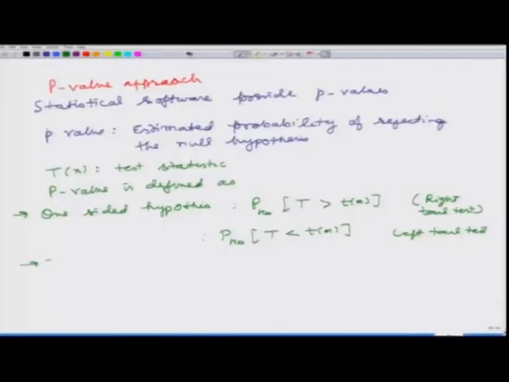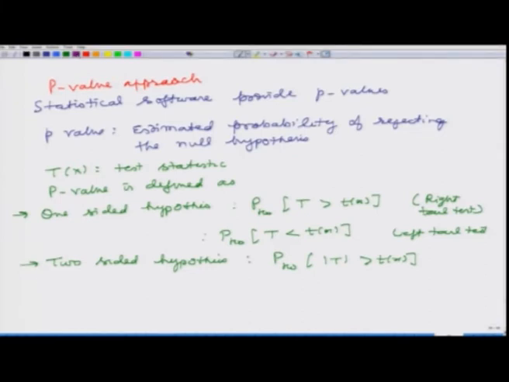And when I have a two-sided hypothesis, then this is defined as the probability under H naught that the absolute value of T is greater than say Tx. Now, the software will give us this value, and that is simply given by the so-called p-value.